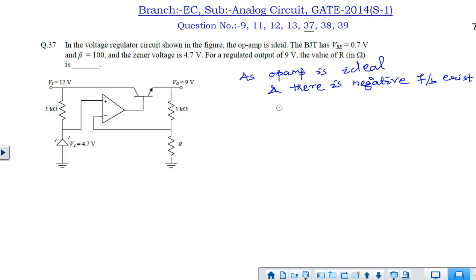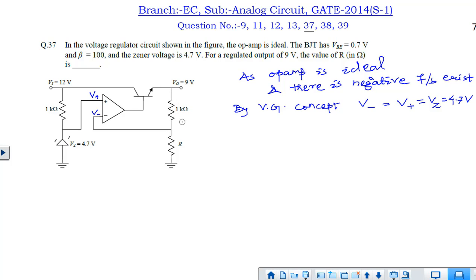The op-amp is ideal and there is a negative feedback. As you can see, the transistor will be on, hence there will be negative feedback. So we can apply the virtual ground concept, hence the non-inverting voltage and inverting voltage will have the same value, that is 4.7 volt. So here the voltage is 4.7 volt and here it is 9 volt.